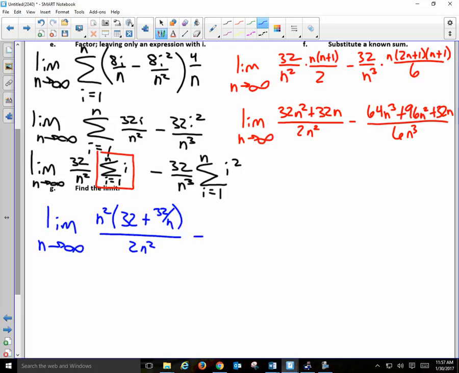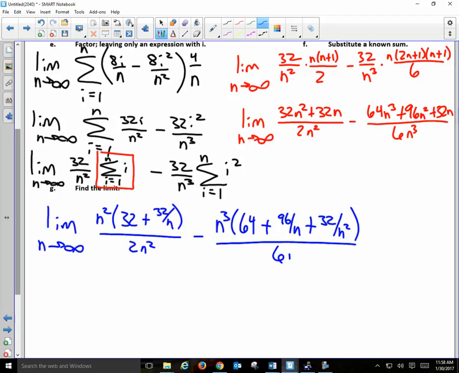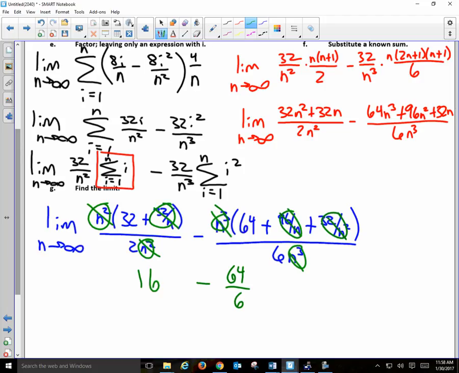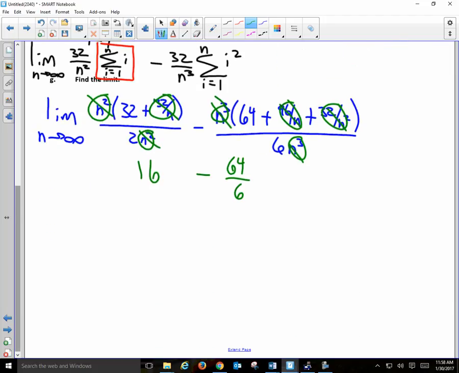And then out of the second one, I take n cubed. 64 over 6 is 32 over 3, and 16 is 48 over 3.